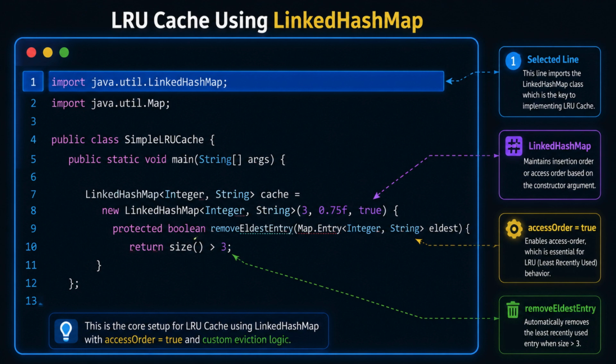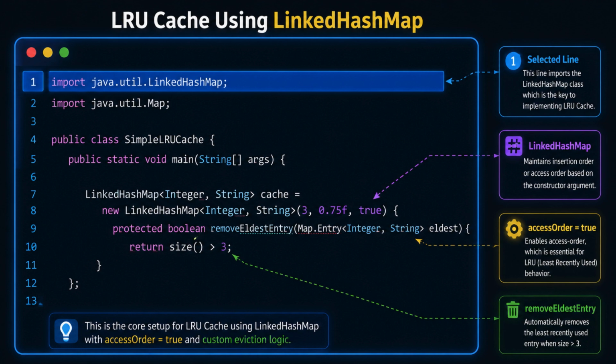So I'm creating an object for LinkedHashMap. Inside generics, I want two values. One is Integer and another one is String. Why? Because based upon the index, I'm going to set the value like we previously discussed: 1 is equal to WhatsApp, 2 is equal to Instagram, 3 is equal to YouTube.